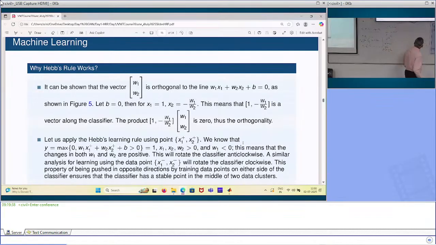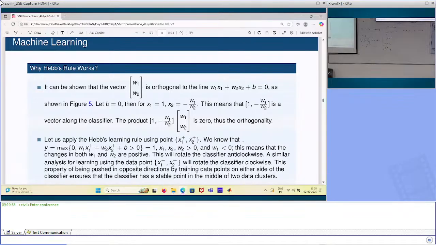What have I got? I'm assuming that w2 is greater than 0, w1 is less than 0. Is that assumption valid? I am assuming that the data I have got has this feature. x1 and x2, who tells me about x1 and x2?